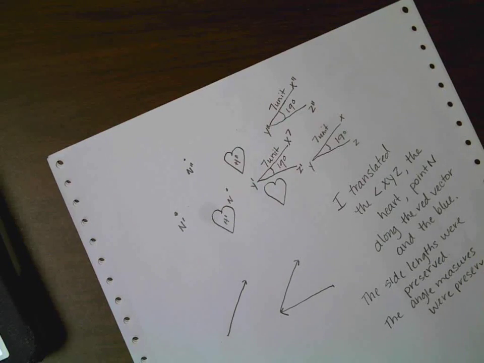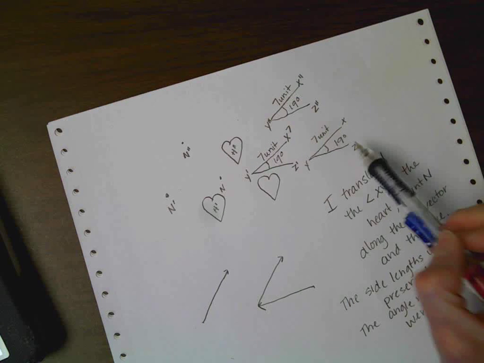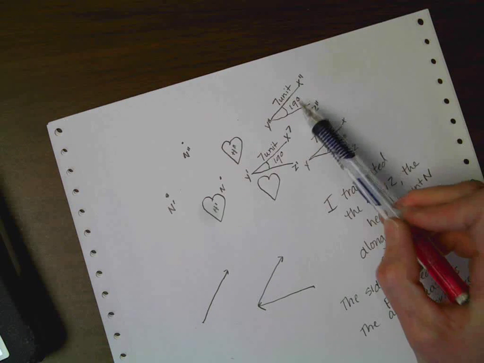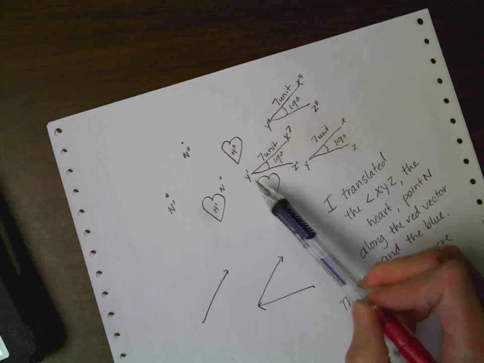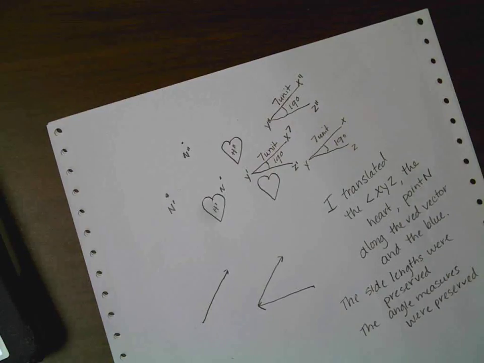Okay, and now the last question says, how do you get the image back to its original position? So who can tell me? How do we get this back to here and this one back to here? So how do we take the image back to its pre-image and then take that image back to its pre-image? What do we do? And if you're saying that you follow the vector backwards, then you are correct.